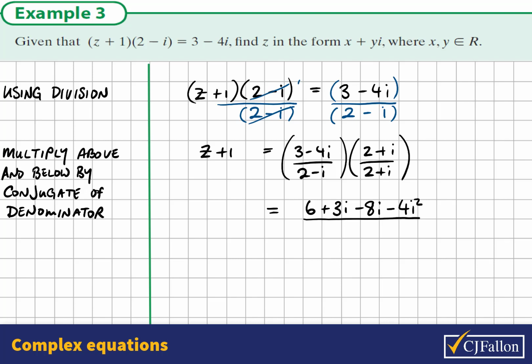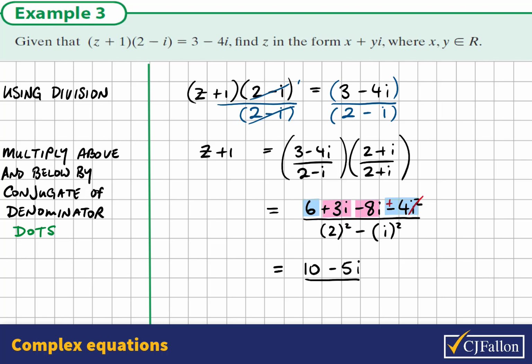Now remember, i squared is negative 1, so negative 4 by negative 1 becomes plus 4. Underneath the line, we have the difference of 2 squares. We always get this situation, so that becomes 2 squared minus i squared. On top of the line, the real parts are 6 and 4, which is 10. The imaginary parts are 3i minus 8i, which is minus 5i.